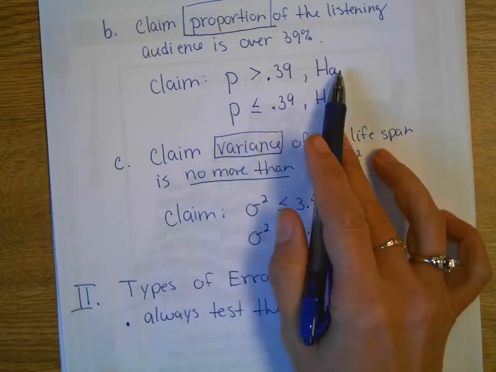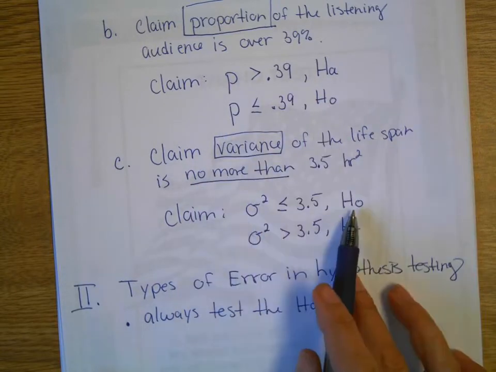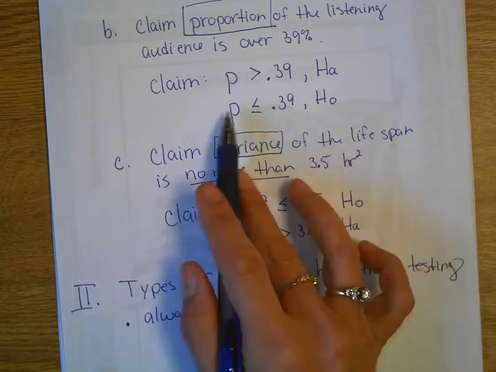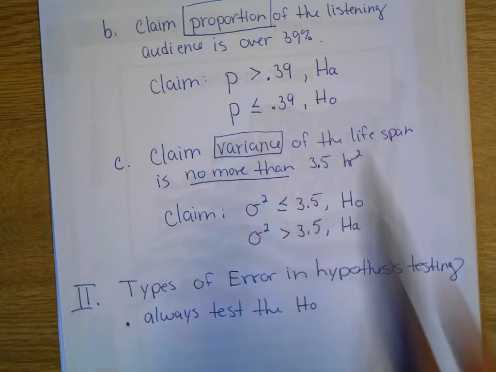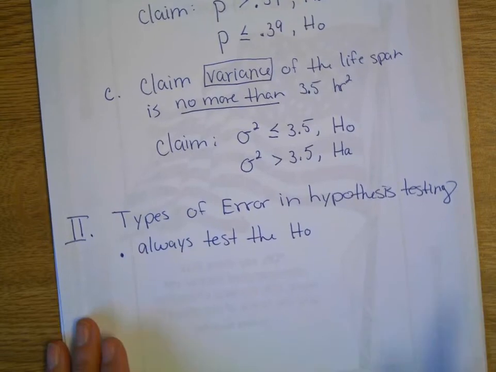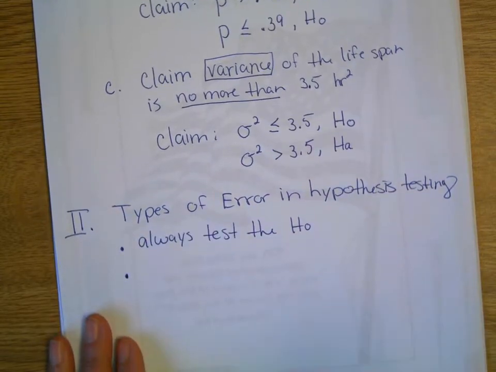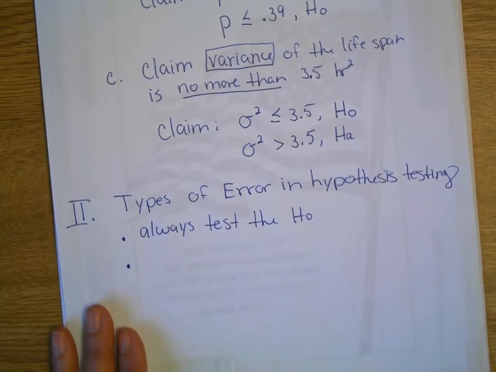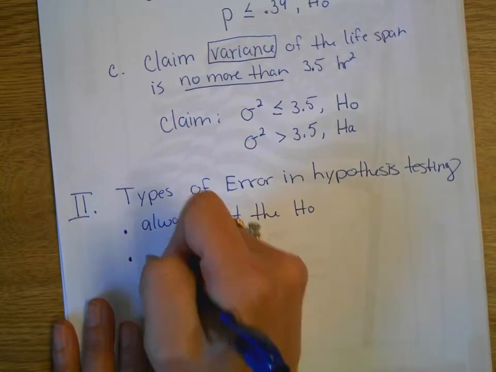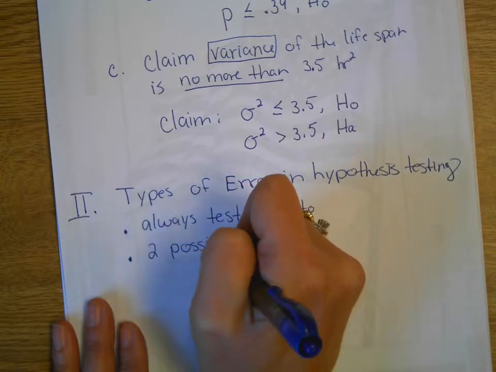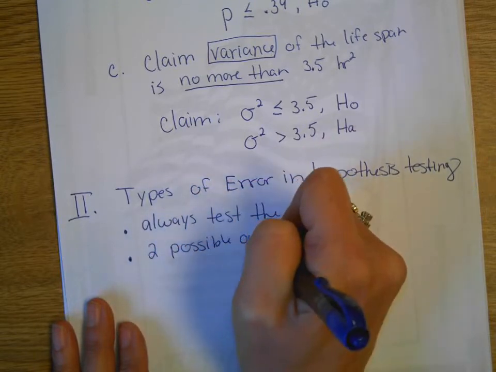No. We had one where the claim was the Ha, 2 where the claim was the null. So we're not testing the claim. We're always going to test this null hypothesis to see whether that's true or not. So we always test the null. And after the test is done, there's only 2 possible outcomes, 2 decisions that will be made.